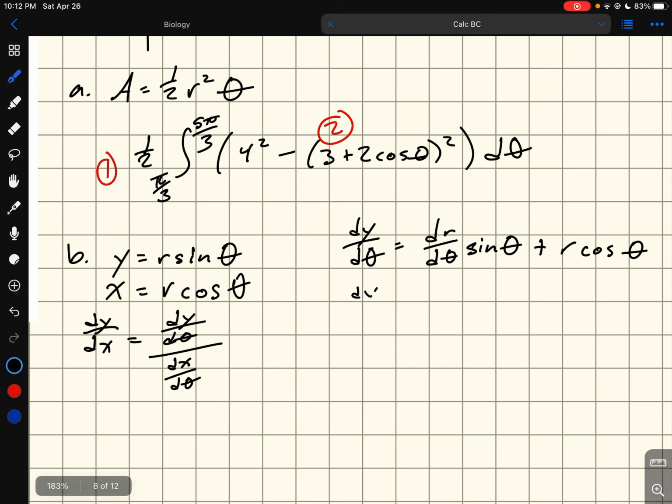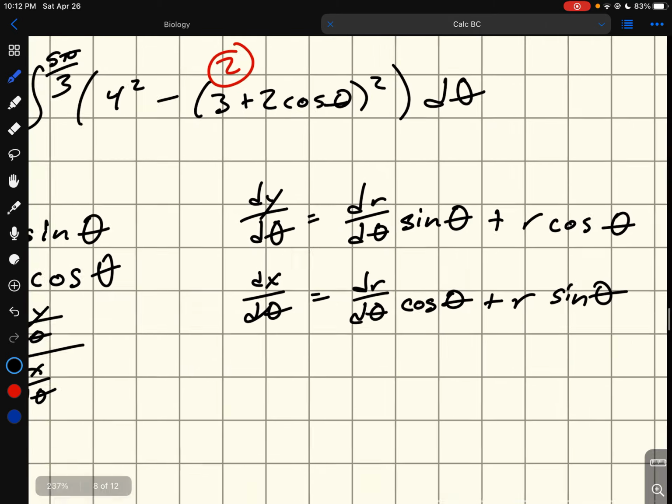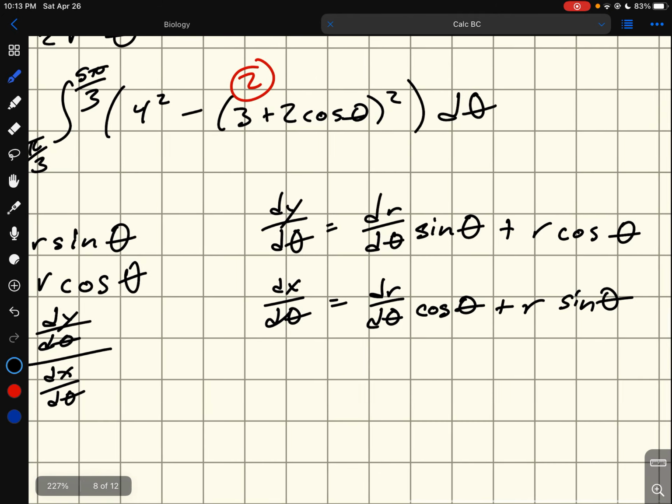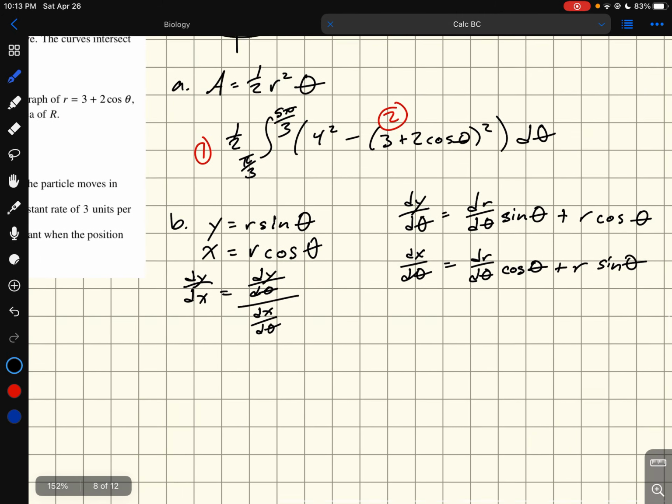And then we have dx d theta. So again, product rule, derivative of the first times the second plus derivative of the second times the first. I just write the r in front because that's generally how you write that.